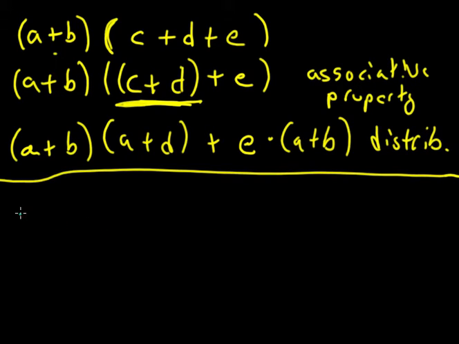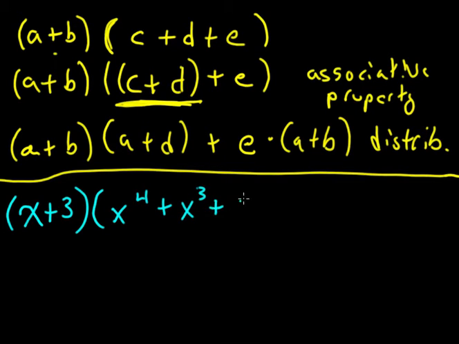So I'm going to make a very specific example. I'm going to have x plus 3. I'm going to multiply it by x to the 4th plus x cubed plus 5x squared plus 6x plus 1.